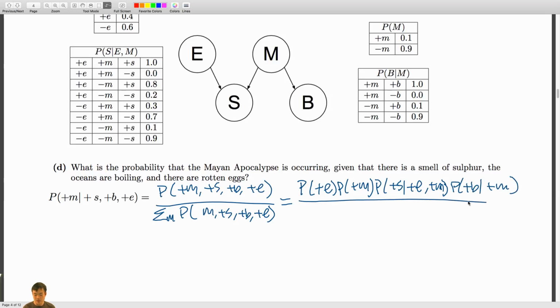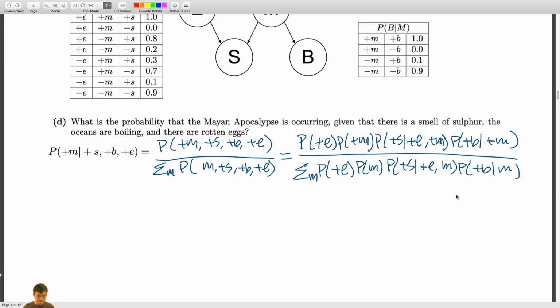This is the same thing we did for the first part. For the bottom, we can expand the joint factor in a similar way: the probability of +e, the probability of m, the probability of +s given +b and m, the probability of +b given m. Now we can finally compute the probabilities for all of these variables.